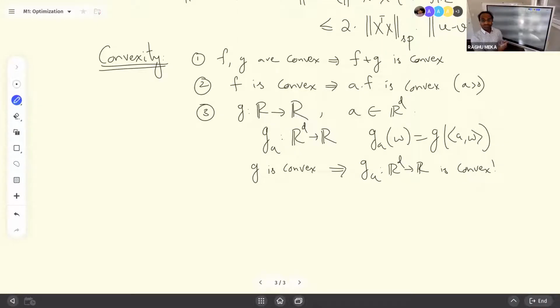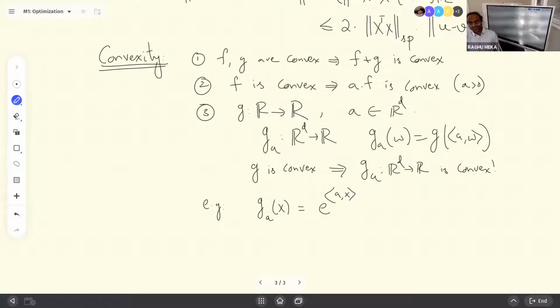It will also allow you to show something crazy like, let's say I define e to the inner product a comma x.